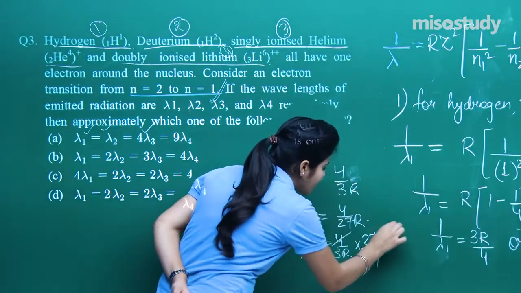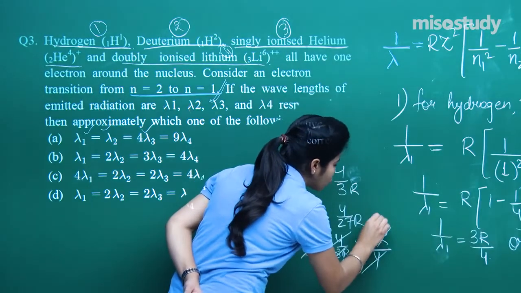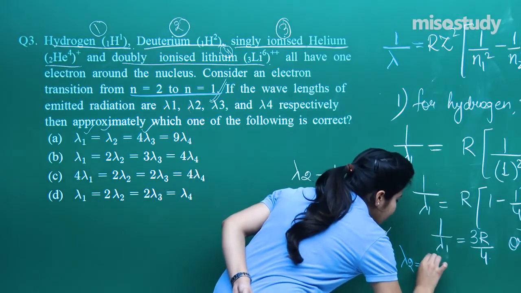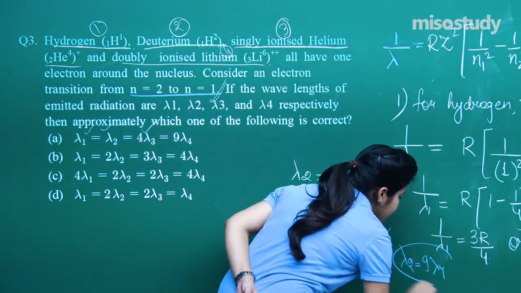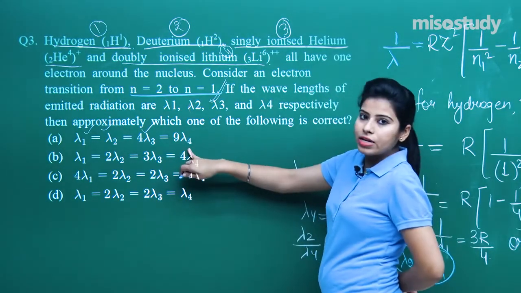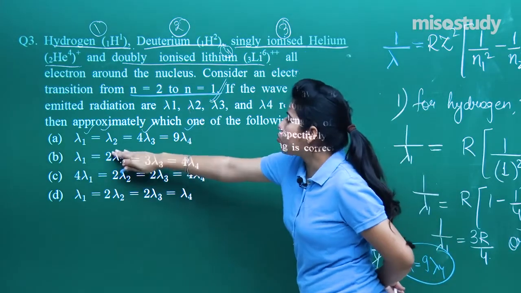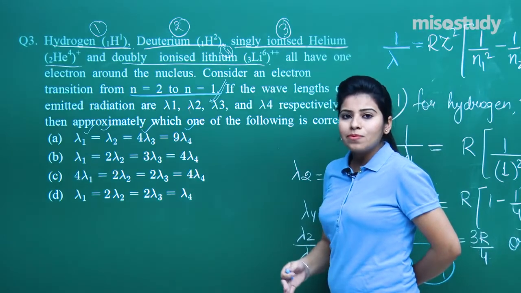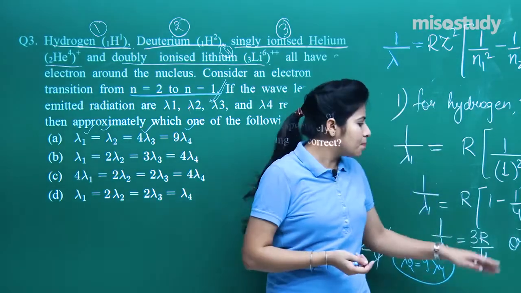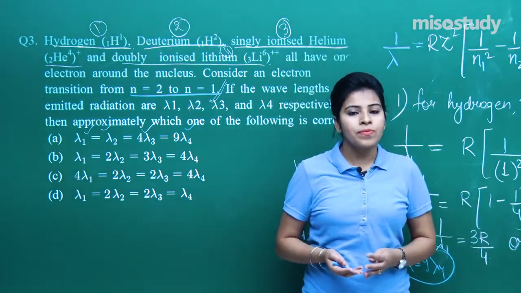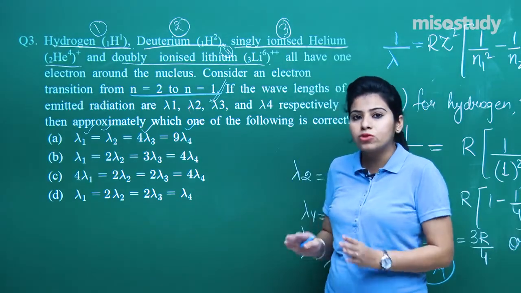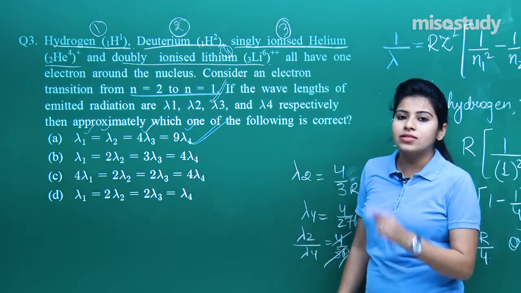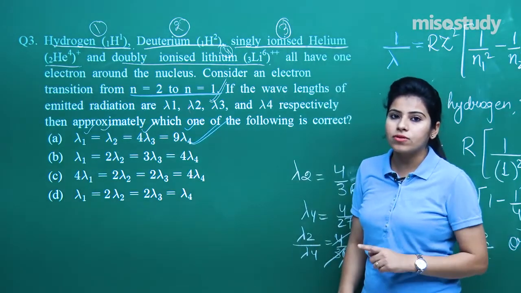The 4 cancelled, R cancelled, this has come out to be 9. That means lambda 2 is 9 times lambda 4. And yes, this is the correct answer. So we had the correct answer by looking at these two also, but for the correct approach, we have done all the options. Finally, we have concluded that this option is the correct answer, right?